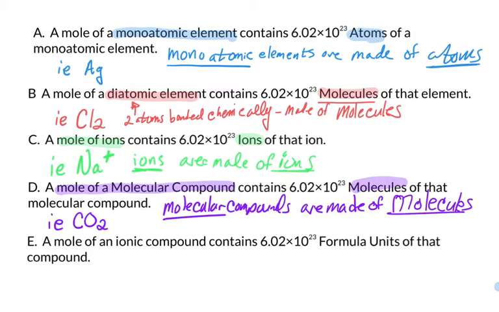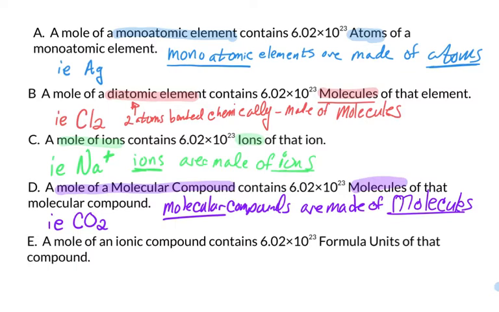So this was our example of a mole of carbon dioxide contains 6.02 times 10 to the 23rd molecules of carbon dioxide. How do I know it's molecular? Same rules as we've always seen. If it starts with a nonmetal, then we're looking at something that's molecular. And so that's what we follow here.